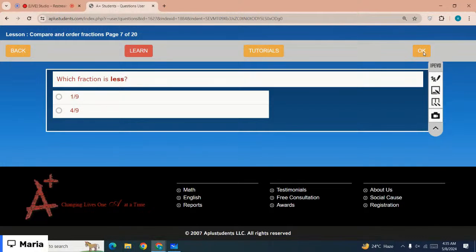Which fraction is less? Less, you have to see.